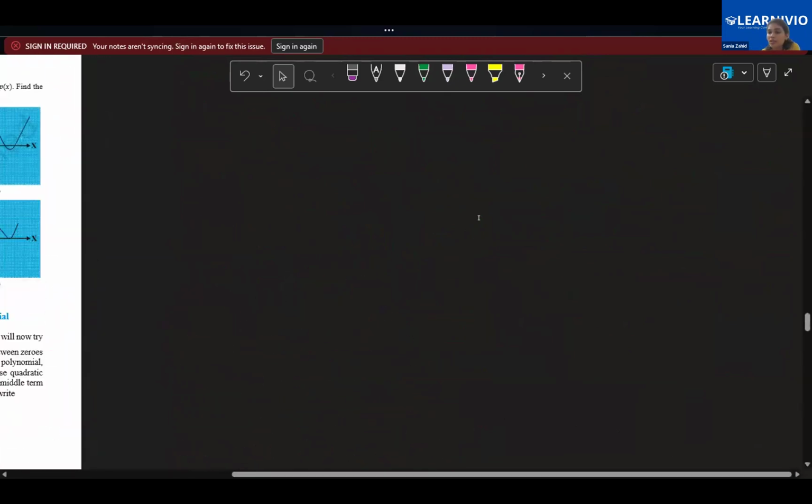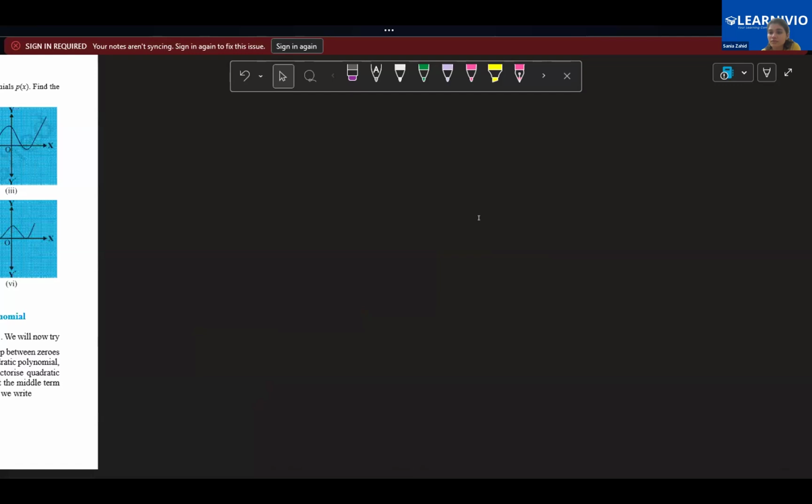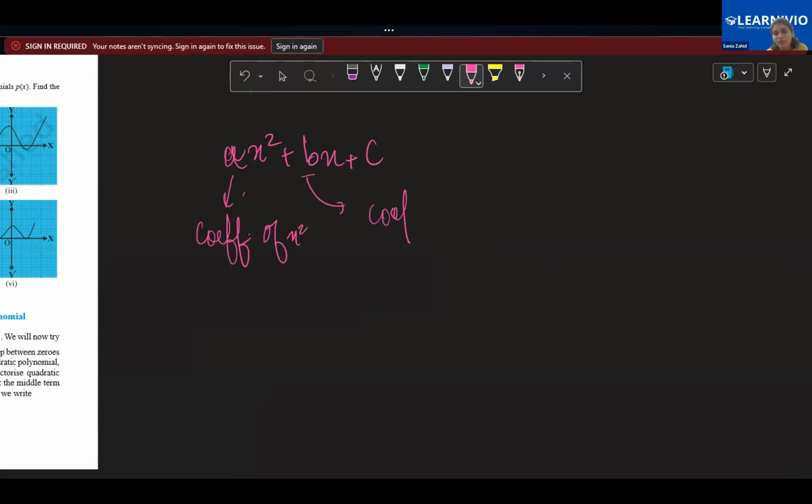The general formula for writing a quadratic equation, who will tell me? Ax squared plus bx plus c, right?